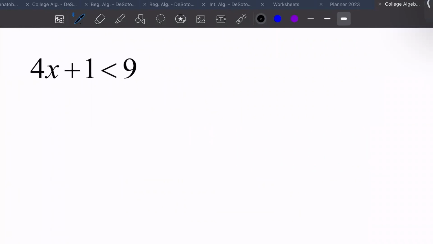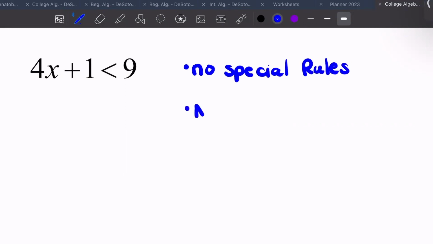Look at this one. I want you to take 30 seconds and look at it. If you immediately said, oh, this is an and statement, I would say that you're not correct. This has no special rules. This is not an and statement or an or statement because there are no absolute value bars.